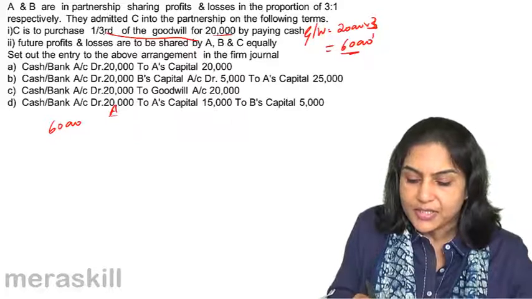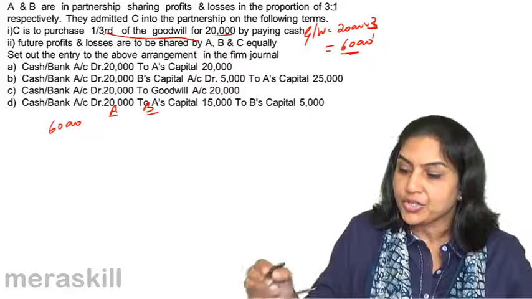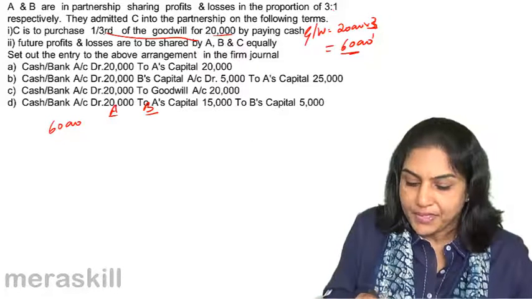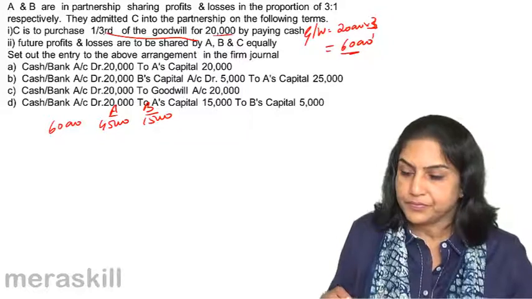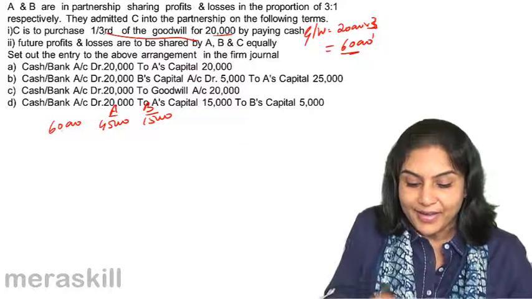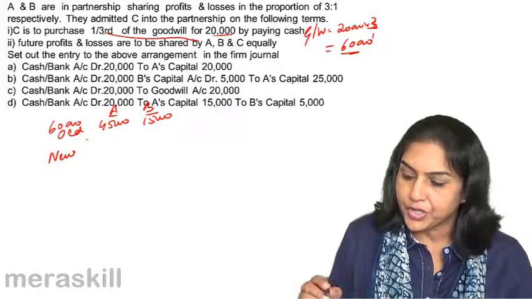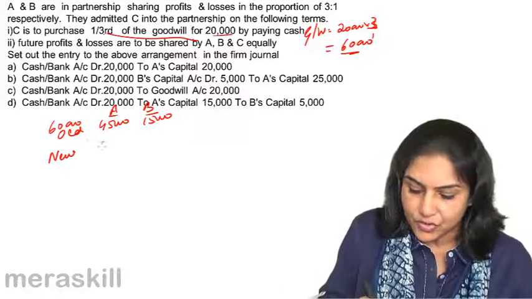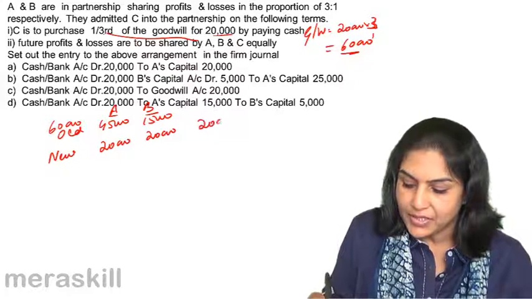How was it split between A and B? In the ratio 3:1. That means it was 45,000 and 15,000. This is how the goodwill was shared earlier, the old ratio. In the new ratio, 60,000 is 20,000, 20,000 and 20,000.